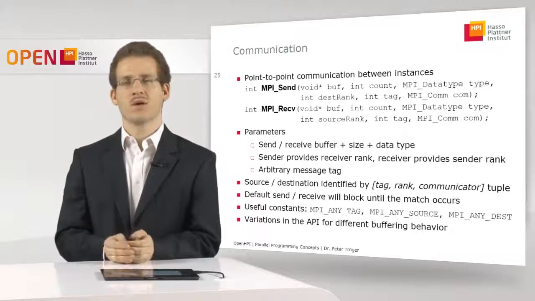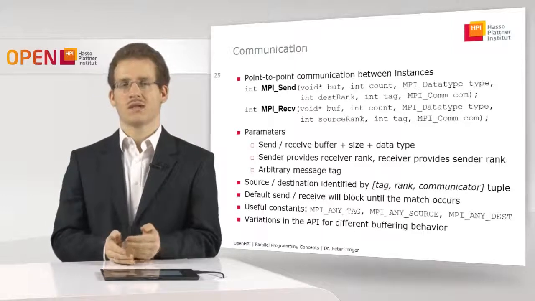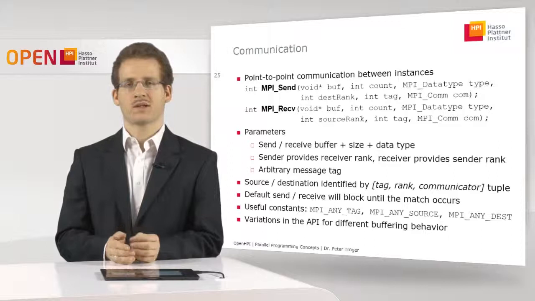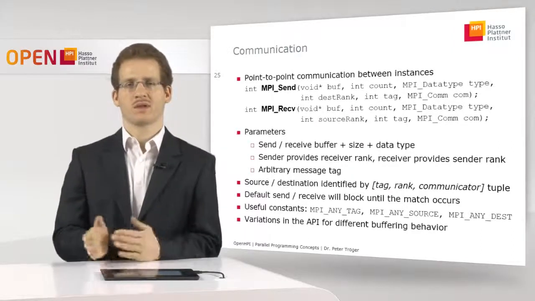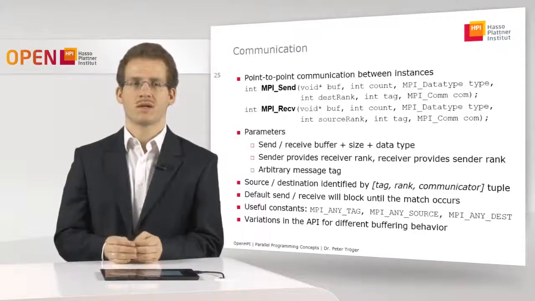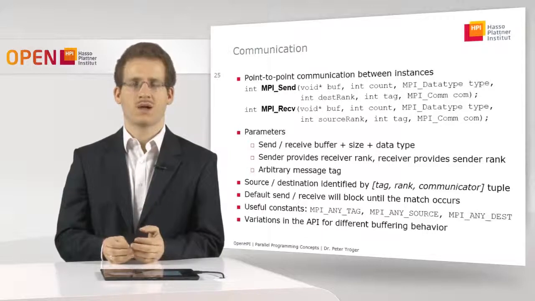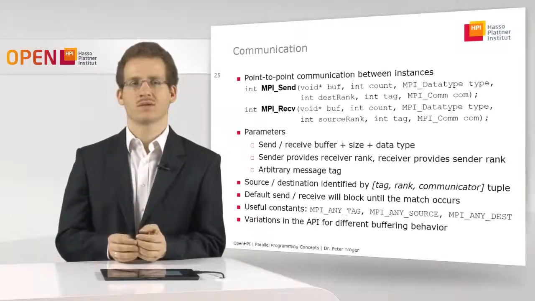And in the receive call, you tell the MPI library from which instance you want to get a particular piece of information. Another parameter here is tag, which is an arbitrary message tag that allows you to further distinguish different communication attempts. So the source and destination of a send-receive couple are identified by tag, rank, and the particular communicator used.